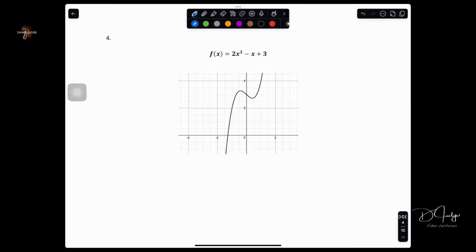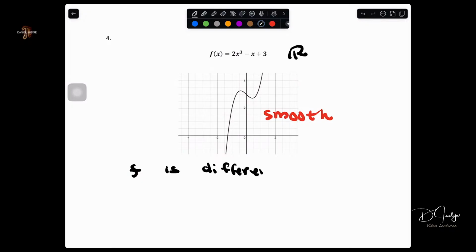Another polynomial function. Polynomials are nice functions. This polynomial function doesn't have a restricted domain. It's defined for all real numbers. And notice it is nice and smooth as well. Smooth everywhere. So your function f is differentiable for all real numbers.